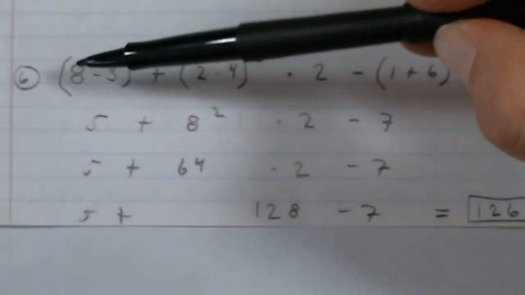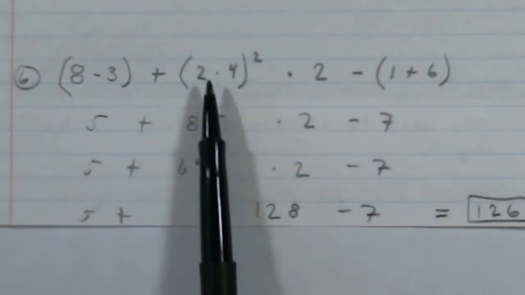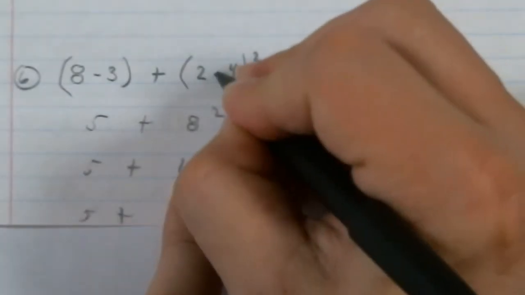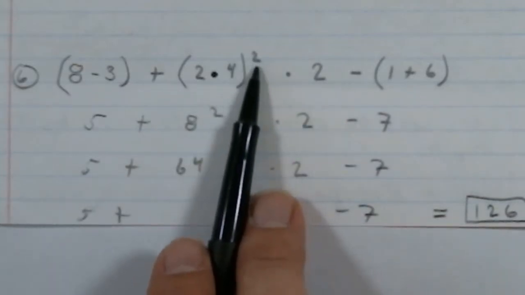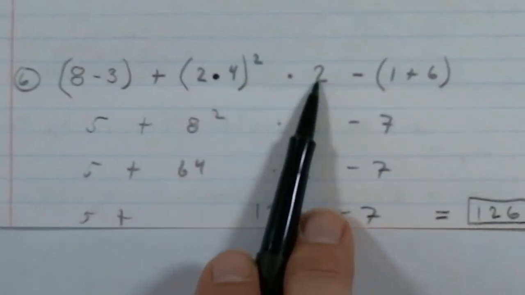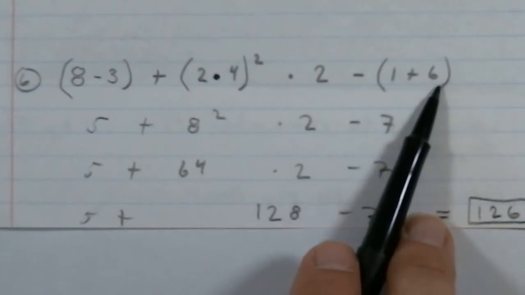So I have 8 minus 3 plus 2 times 4, squared, times 2 minus 1 plus 6.